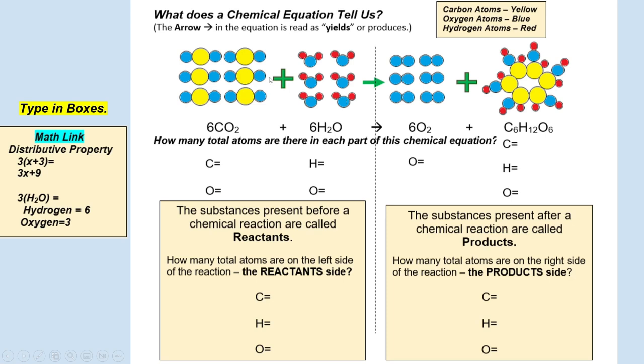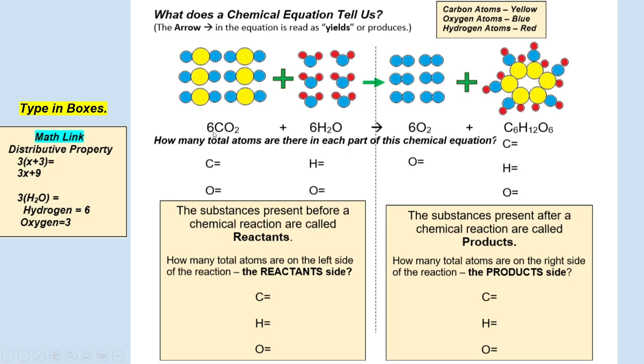On the left side of the chemical equation, these are called your reactants. They are what go into the chemical reaction to react, and they produce or yield products. Your products are what you see on the right side of the chemical equation.